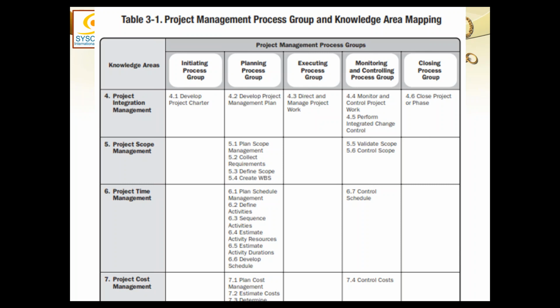And if it passes, we call it a verified deliverable. The deliverable came to us from execution in monitoring and control. The first thing which inspects it is quality control. If it passes, then it becomes a verified deliverable. That verified deliverable then goes to validate scope.